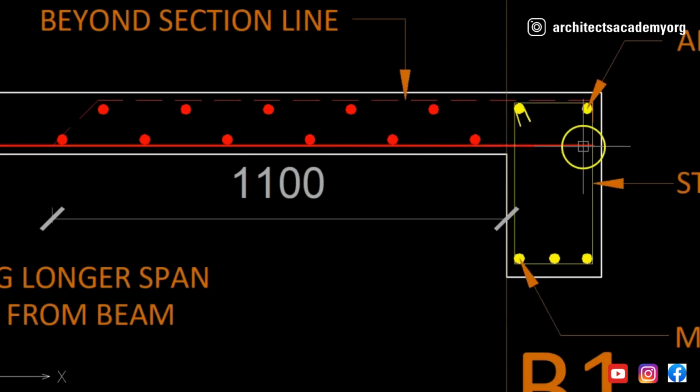So to maintain a sufficient grip of the concrete with the reinforcement, it needs to be anchored up to a certain length inside the beam. This is called the development length of this bar. We'll see more about development length in another video.